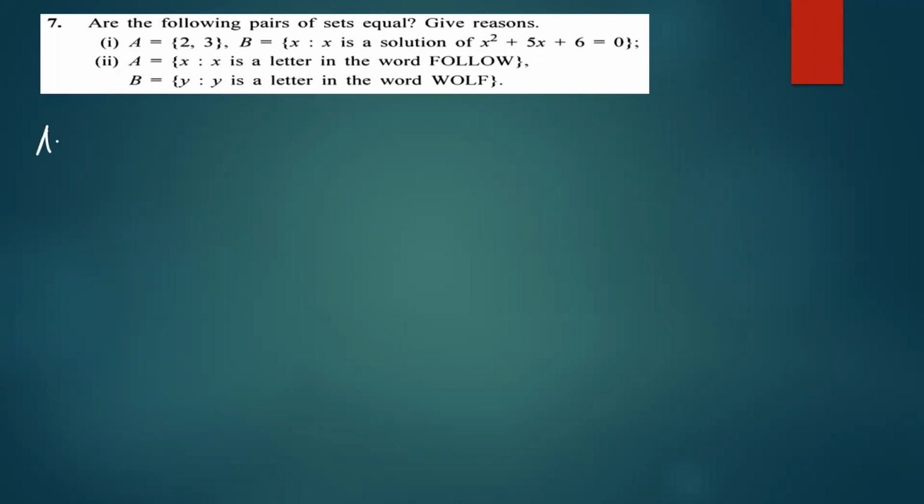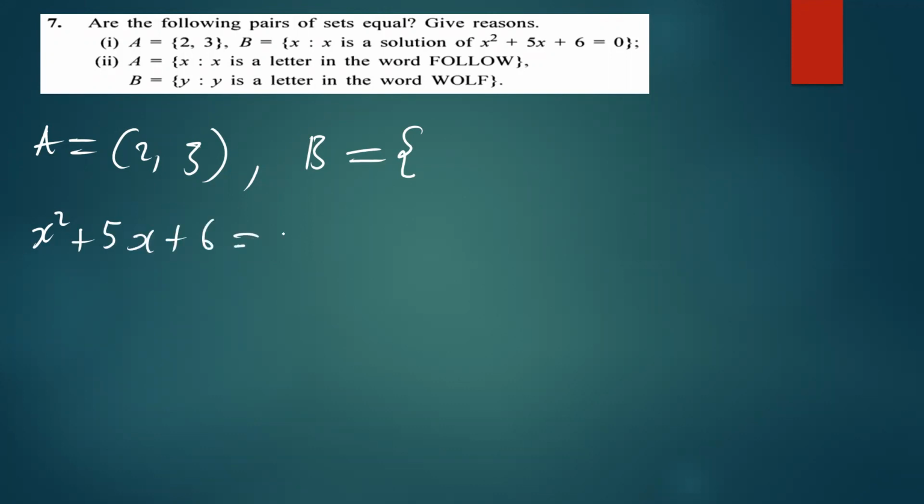So set A is equal to {2, 3}, and then set B is equal to x squared plus 5x plus 6, which is equal to 0. So we have to solve this quadratic equation. When we solve it, the solutions that we get are what we're going to put there.